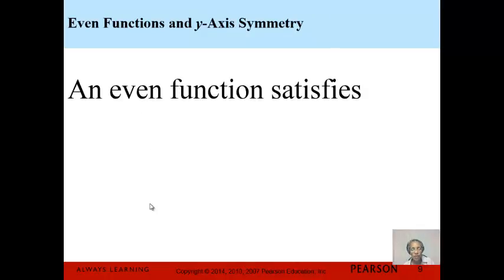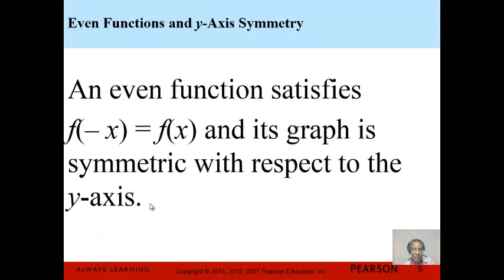An even function satisfies f of -x equals f of x, and its graph is symmetric with respect to the y-axis. So whatever is on one side of the y-axis for an even function, the mirror image of that is on the other side of the y-axis.